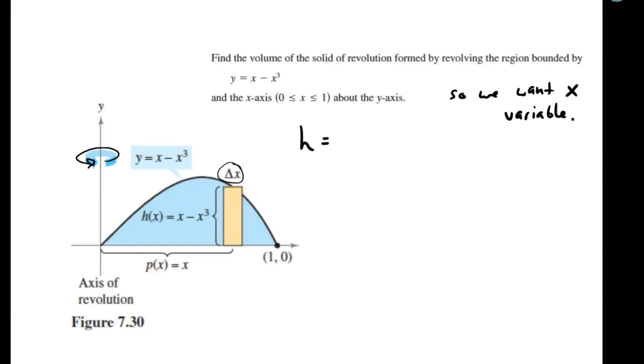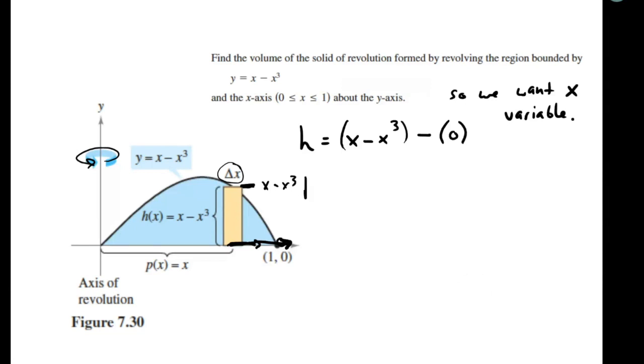H is the difference between the functions, so I have my top function, which is x minus x cubed, the bottom function, which is nice, it comes out to being 0. So h is just x minus x cubed, top minus 0, and that works out nicely.